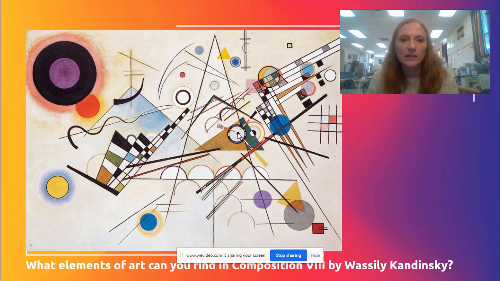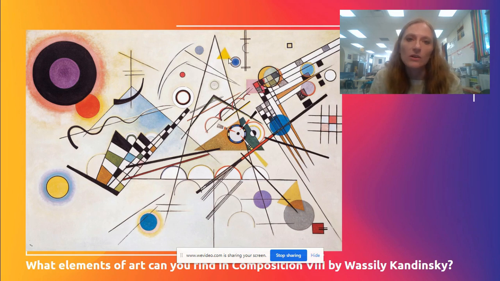And little circles and big circles and circles around circles. So many circles. I also see some squares and rectangles. With this checkerboard pattern, there are lots of squares and rectangles. Let's see, what else can we find?